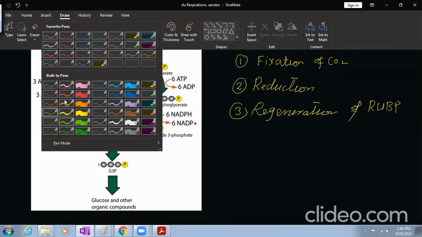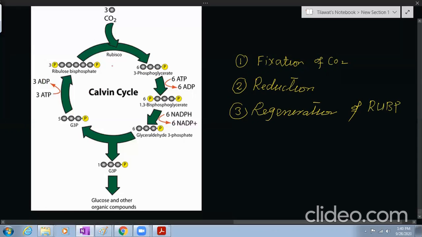Okay, so let's see here. First of all, this carbon dioxide enters the stroma. In the presence of this enzyme, this is a very important enzyme. Remember, ribulose biphosphate carboxylase. This is an abundant enzyme because it's present in all the plants, right? This enzyme will fix this carbon dioxide, 1-carbon carbon dioxide molecule entering the stroma, and that reacts with what? 1, 2, 3, 4, 5.